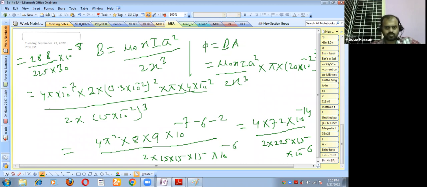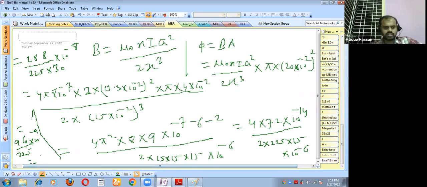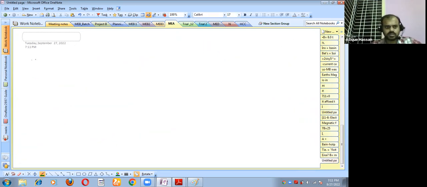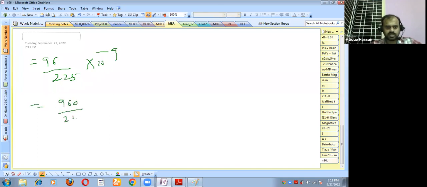So we put the approximate value: 96 divided by 225 into 10 to the power minus 9, so we can put it as 960 by 225 into 10 to the power minus 10.